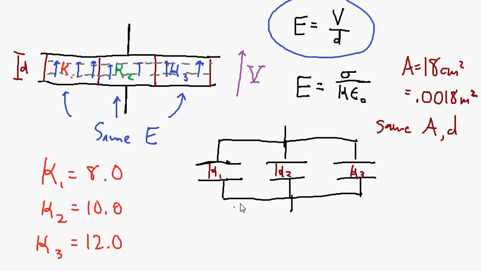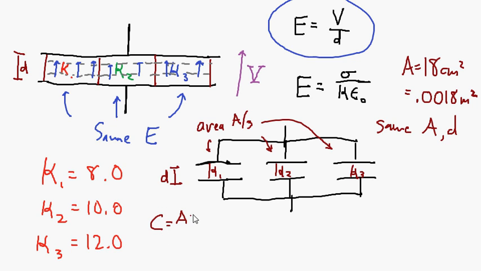Anyway, so then I'm going to say each of these has area of A over 3, and then, of course, they all have a separation of D. Okay? So this guy I'm going to call capacitor 1. This is the region with kappa 1. So C1 is going to be, well, let me just write out my parallel plate equation here.